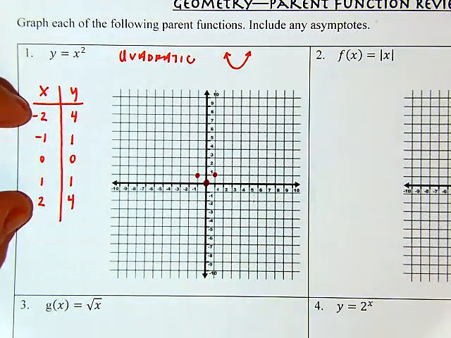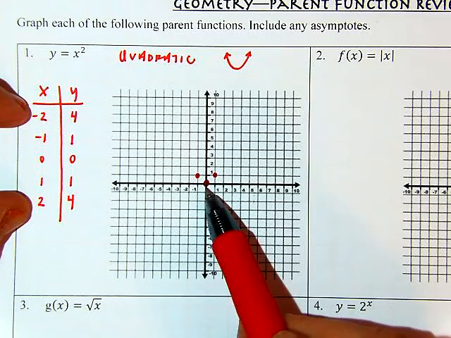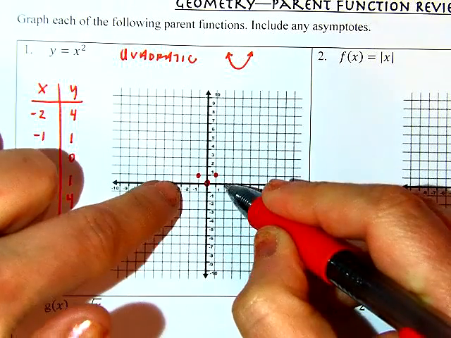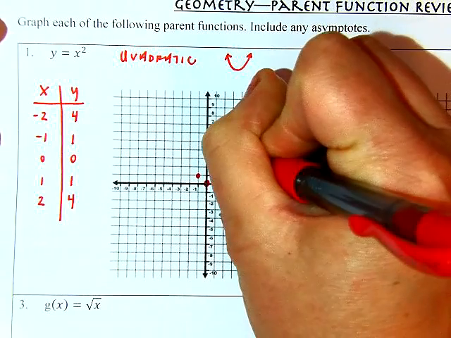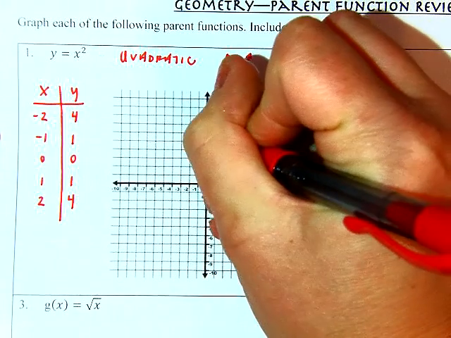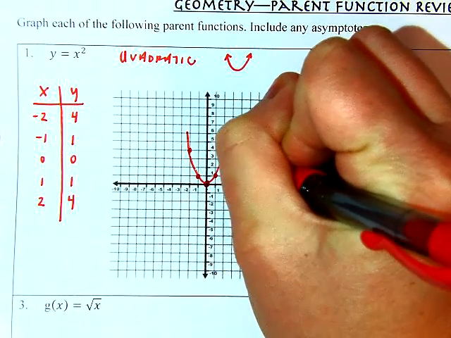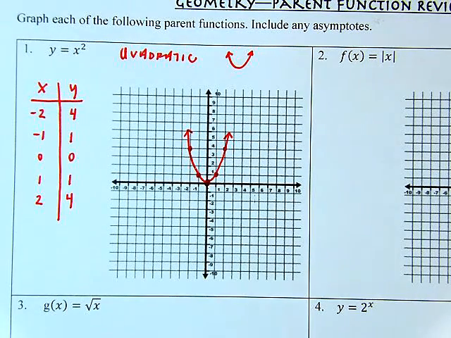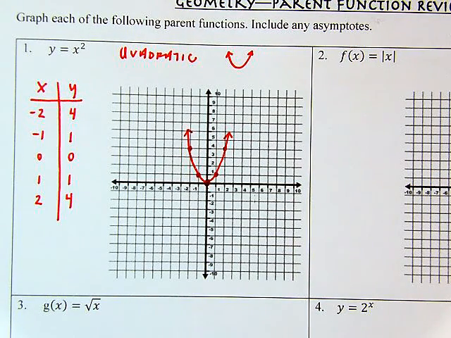And then here, go back to the origin. That's where we dropped our anchor. And here we're going over 2 and up 4. So I have a point here and here. Okay, and then I can connect my dots. And this is my quadratic parent function. We graph it using all of the perfect squares.